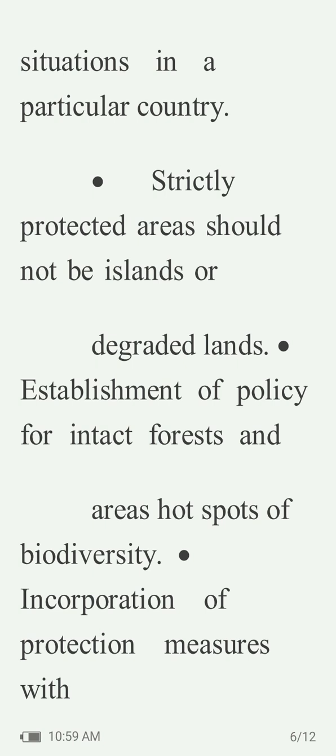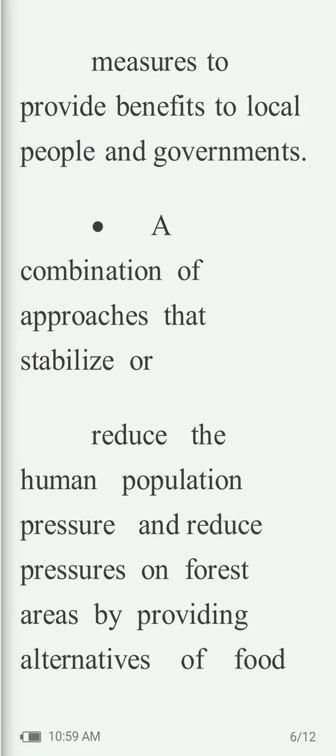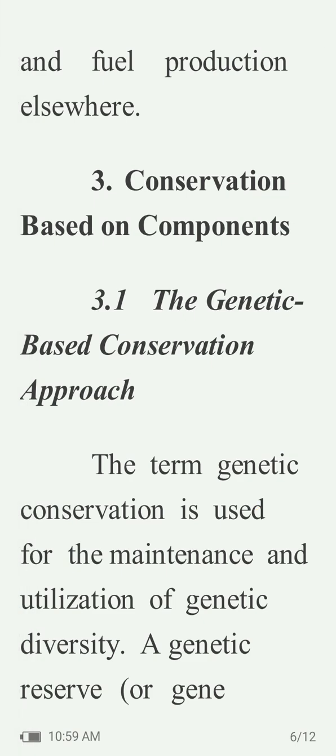Establishment of policy for intact forests and hotspots of biodiversity. Incorporation of protection measures with measures to provide benefit to local people and governments. A combination of approaches that stabilize or reduce the human population pressure and reduce pressure on forest areas by providing alternatives of food and fuel production elsewhere.